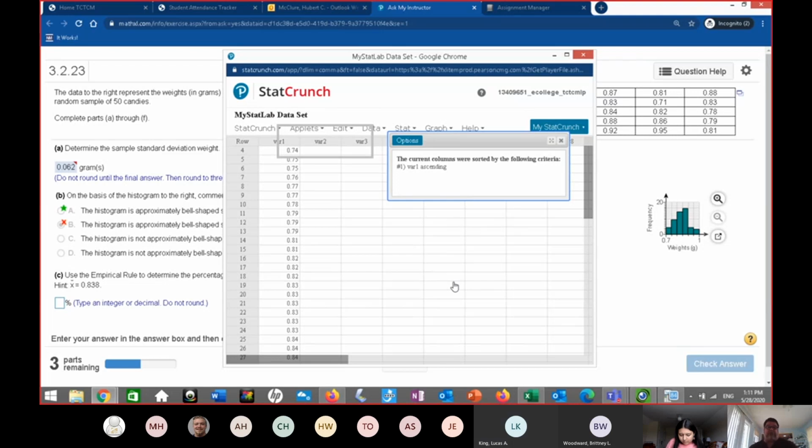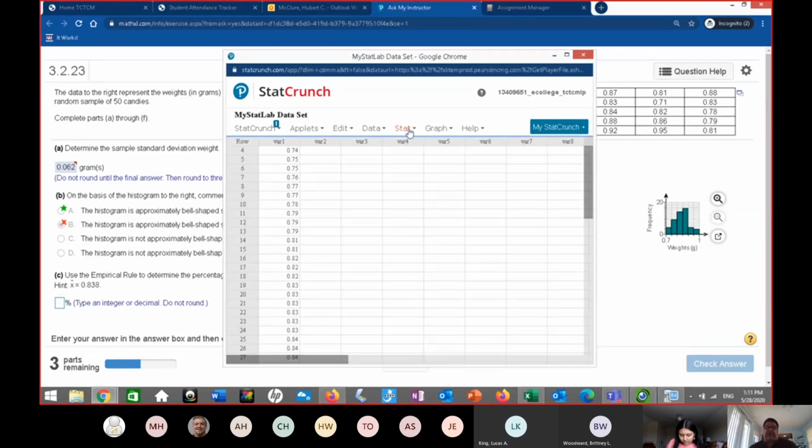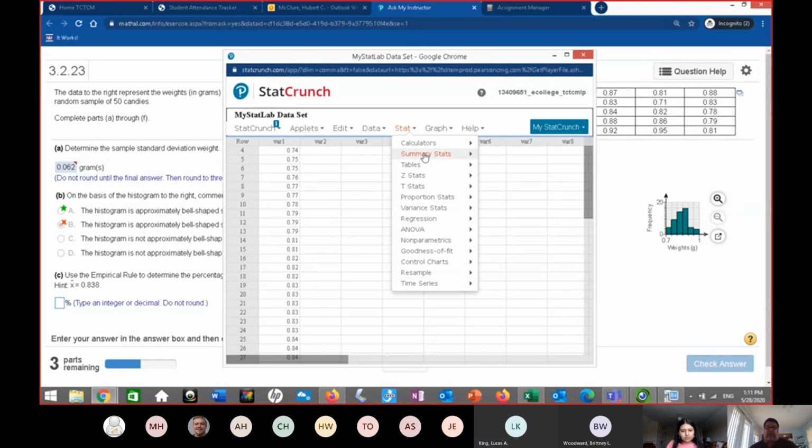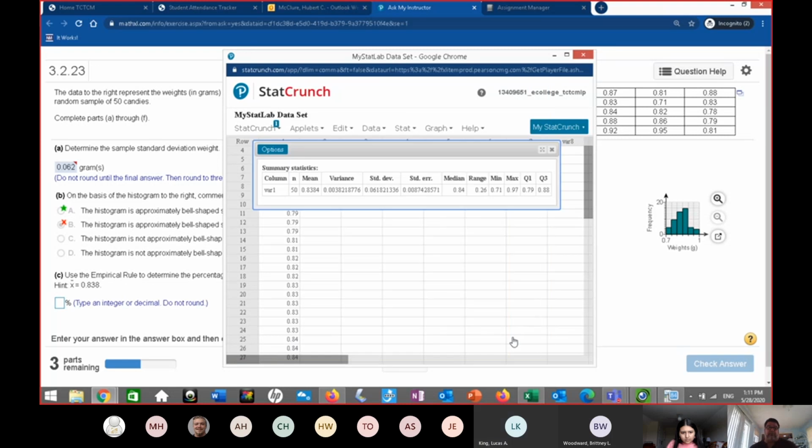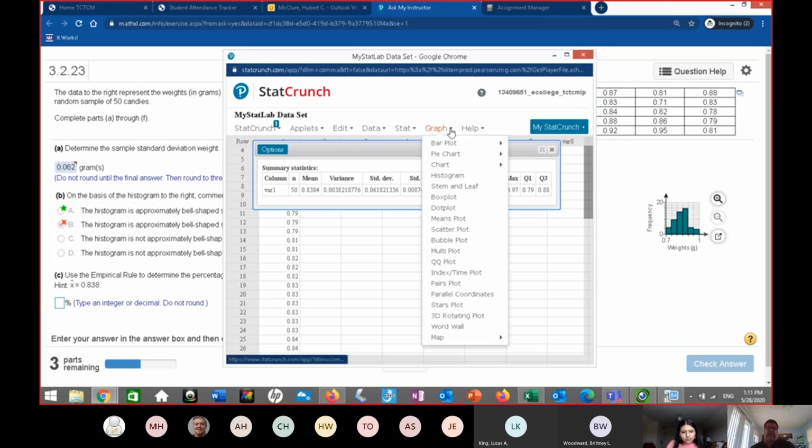Now, all you got to do is hit Stat, Summary Statistics, column, hit the variable, and hit Compute. Look over there. So write all that down. And if you want to do graph, do a chart plot, or let's see, what is it?